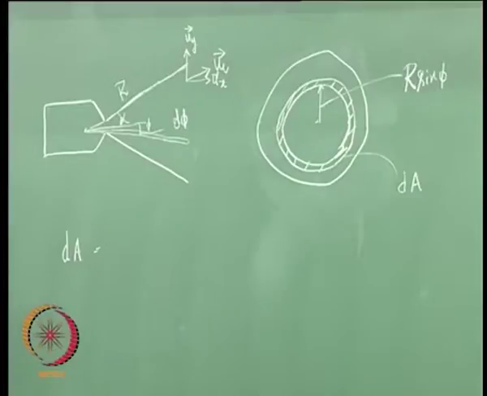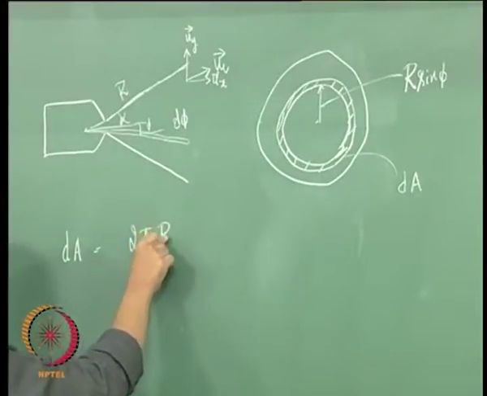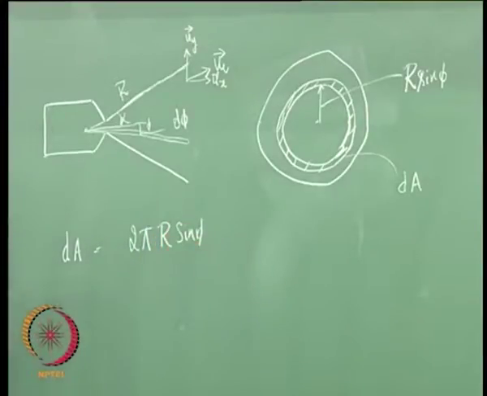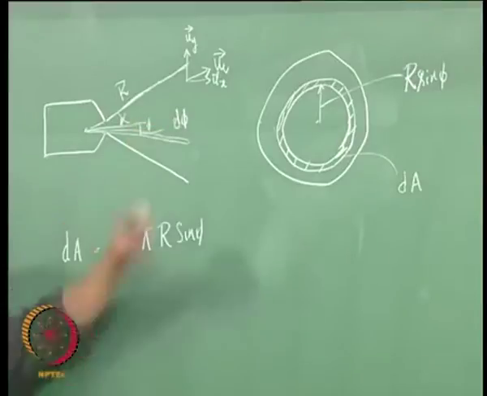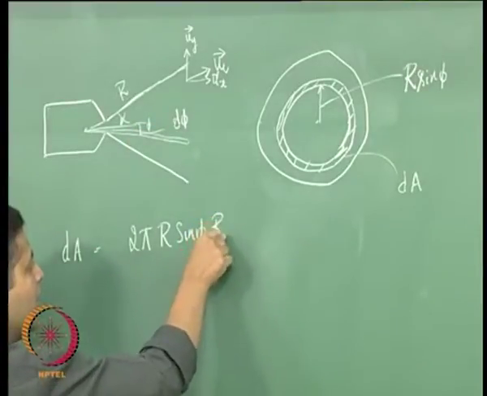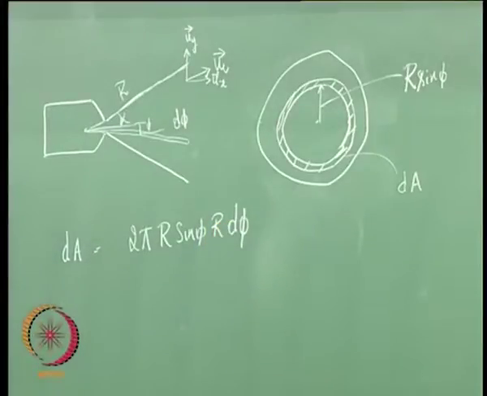So, it will be 2 pi r sin phi, that is the circumference, into this area, that is nothing but r d phi.